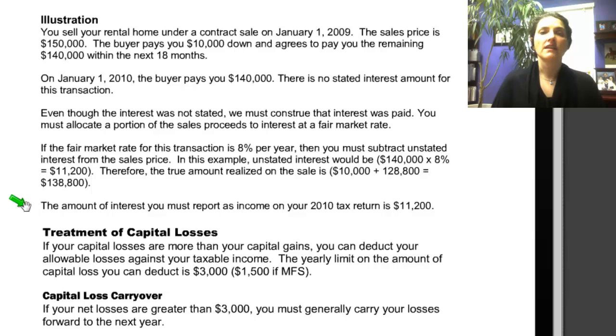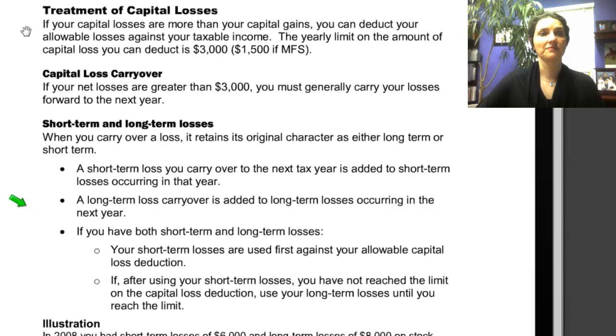So again, the IRS wants to see interest being construed, it wants to see interest being applied, and it will apply interest or construe interest as in fact having been paid if you do not treat interest or allocate for a fair portion of interest in an installment sale or any other kind of loan.